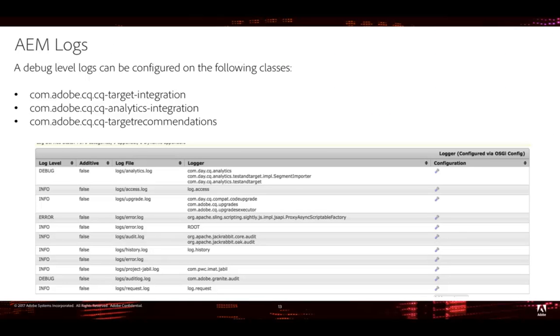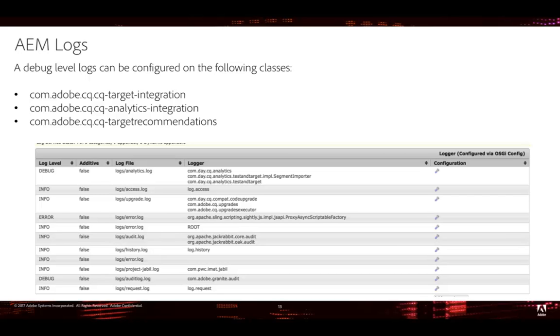Now let's discuss how you can see or debug issues on the AEM side. In your AEM, there is a Felix console on your author and your publish instances. What is recommended is you go to your AEM author instance and set up a logger in your system console Sling log.